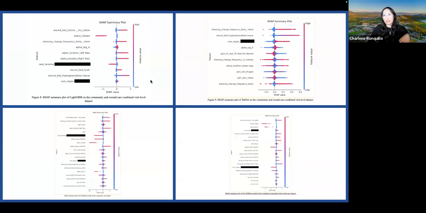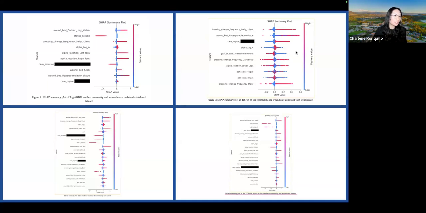Since running these analyses, we've noticed some things we need to clean up in terms of data quality, and we need to recode and do some more encoding of variables. So there's a cleanup process happening right now, but that paper should be submitted sometime in the summer. I'll walk through it. I don't know if anybody's familiar with SHAP plots, but it's a way to make these machine learning models more explainable.